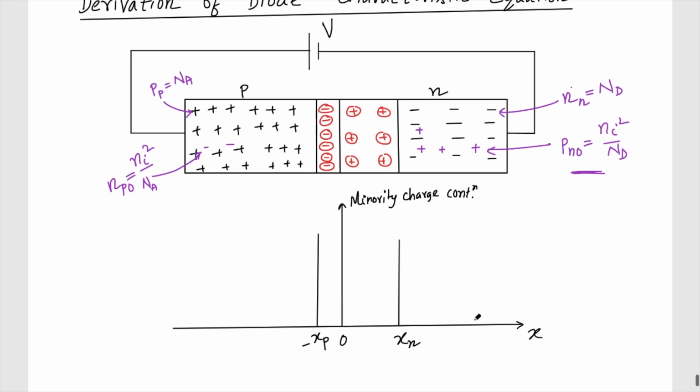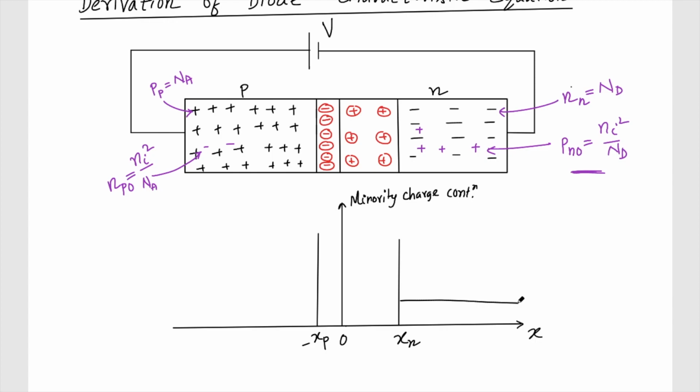Initially, when there was no forward bias applied, we know that this region is pn0, which is Ni square by Nd.